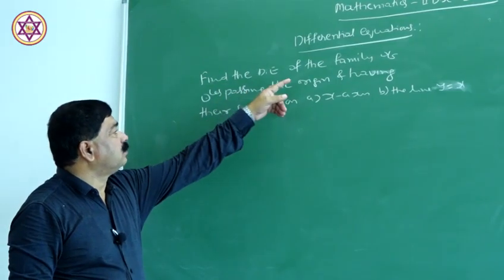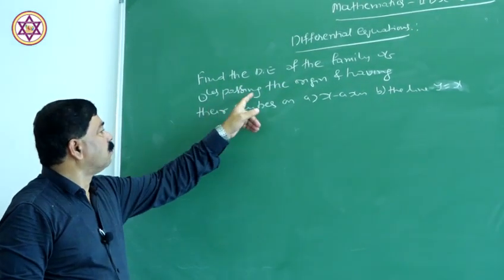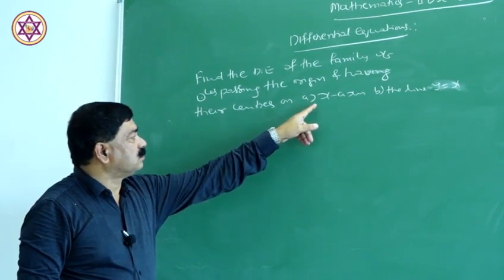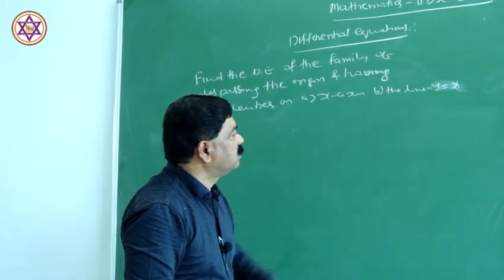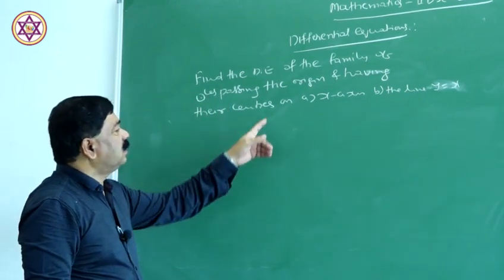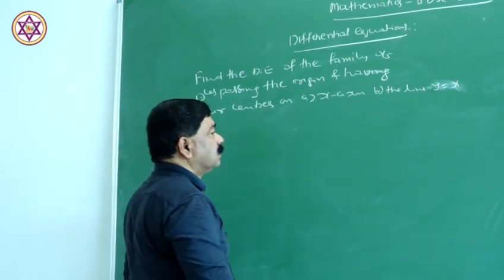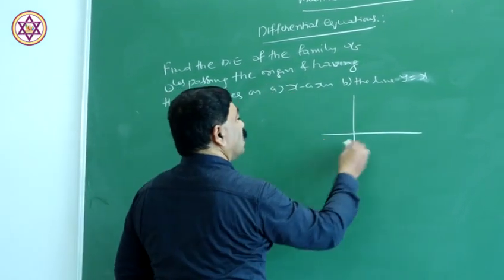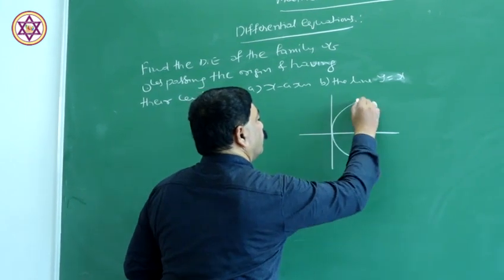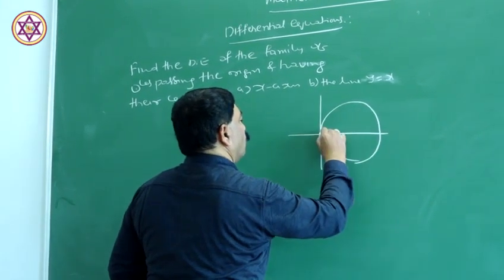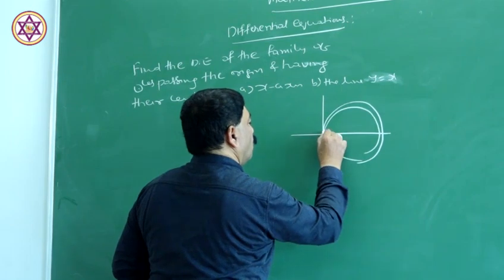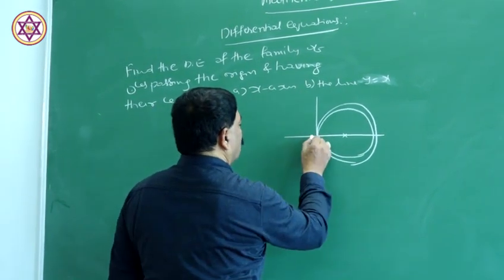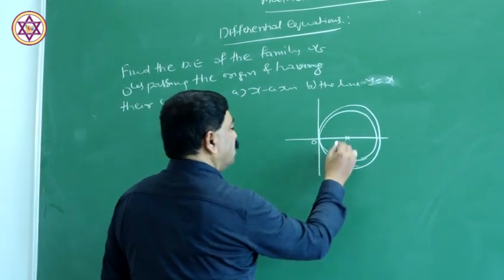That's all. Find the differential equation of the family of circles passing through the origin and having their centers on a, first question, the x-axis, b, the line y is equal to x. Centers on the x-axis means we get it like this, passing through the origin. So the circle passes through the origin, center lies on the x-axis.